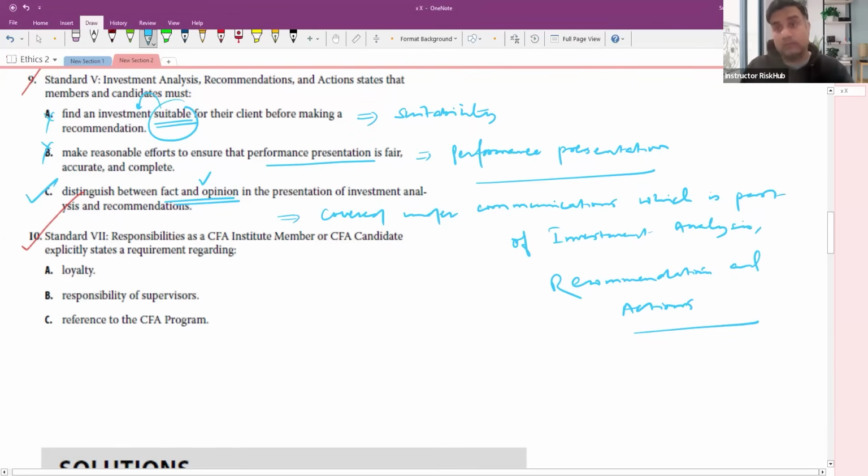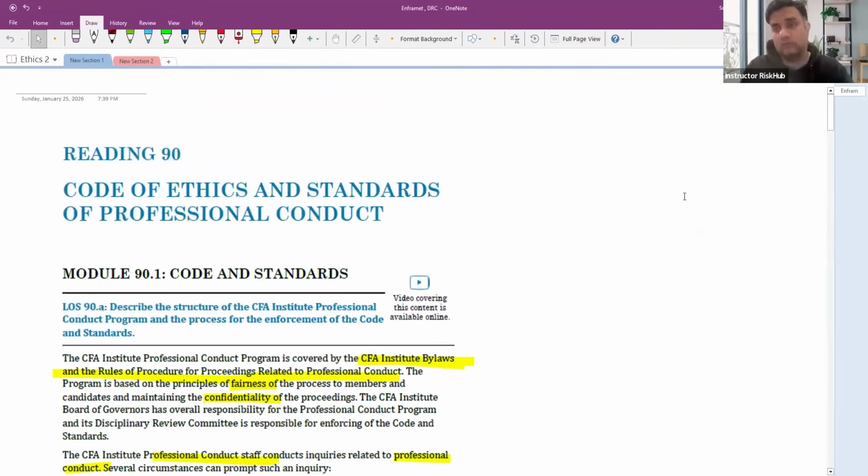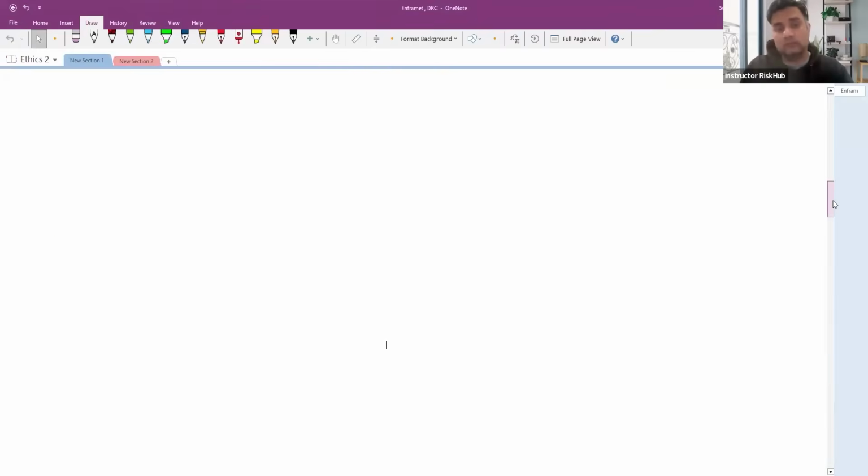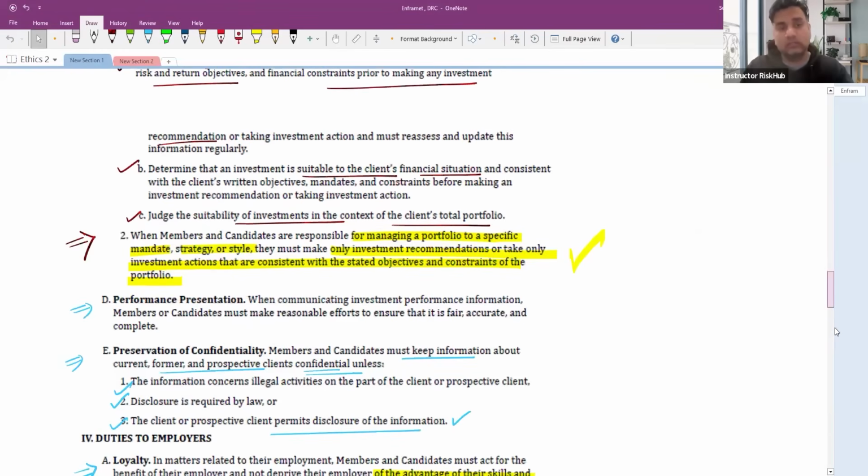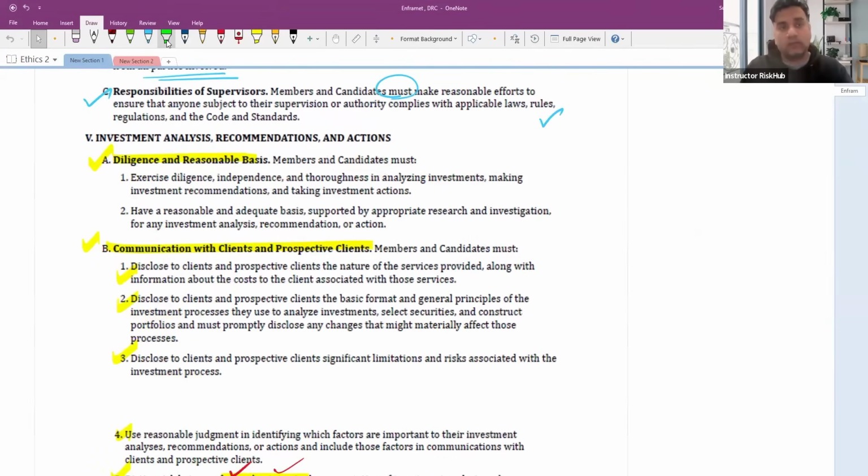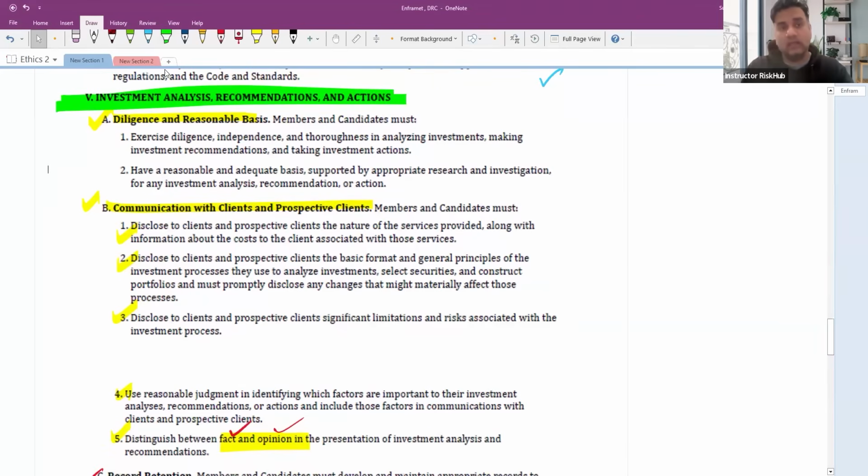All right, so this is very tricky. I want to highlight here before we go ahead that the question is asking you about investment analysis and recommendation action. And you should know that in this there are three things.